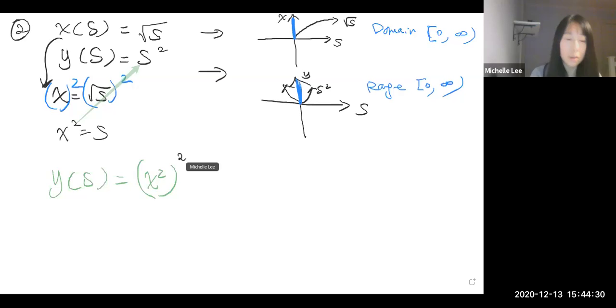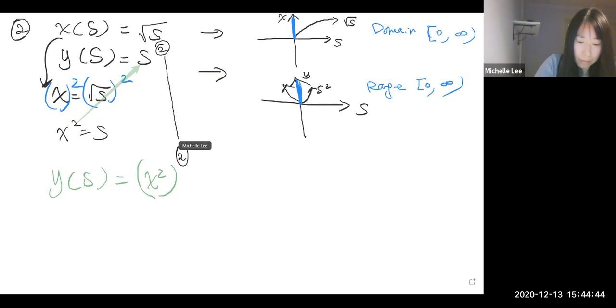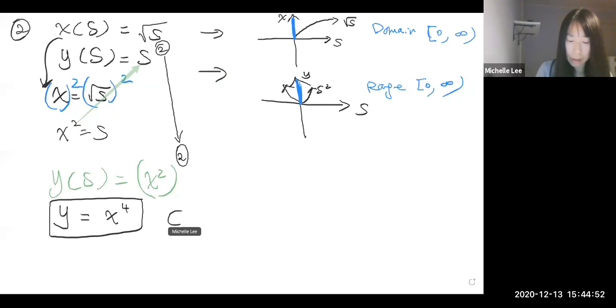So x squared from the s, and another square from the s squared, right? Then we get y equal to x to the fourth power. This is the Cartesian equation.